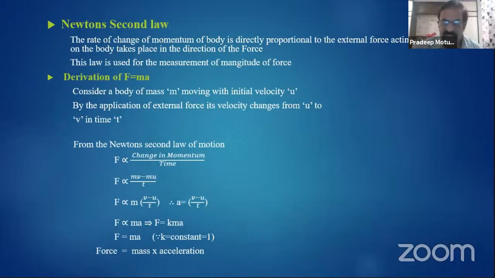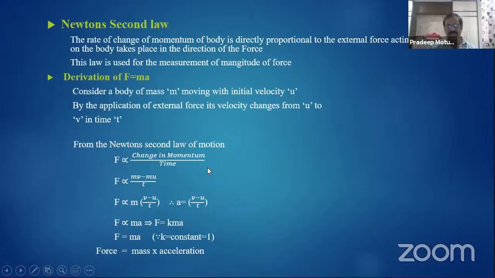What does Newton's second law say? The rate of change of momentum of a body is directly proportional to the force. Rate means with respect to time. Now come to the point. Force is directly proportional to the change in momentum by time. What is the change in momentum?